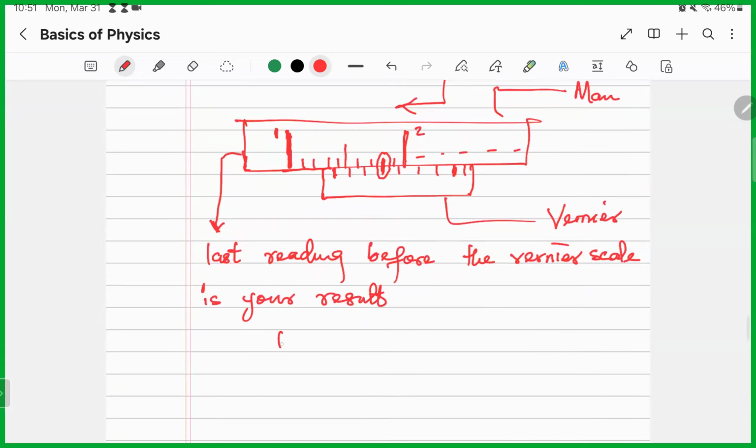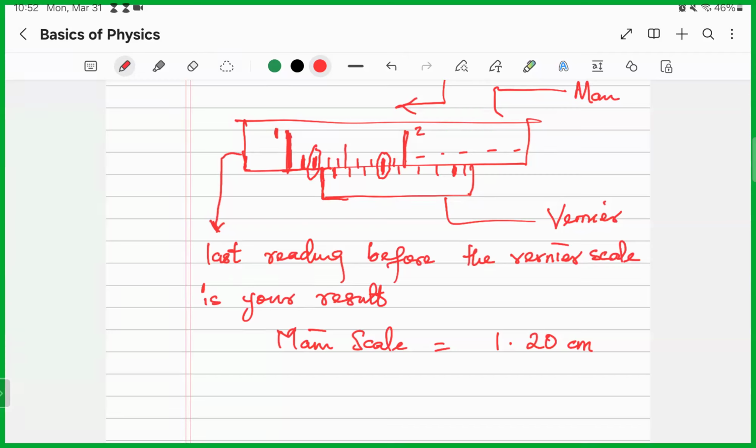So my reading for the main scale here is going to be 1.20 centimeter. That's very clear. Why? Because this is 1, 1.1, 1.2, then the vernier scale starts. So this is the last reading before the vernier scale, giving me 1.20 centimeter.